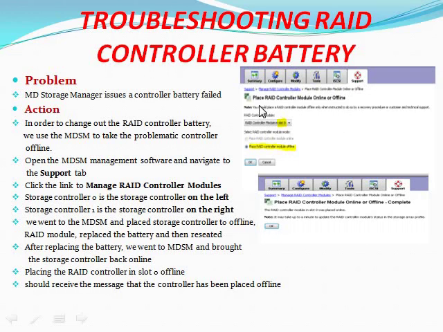Click the MD RAID controller module: storage controller 0 on the left and storage controller 1 on the right. So we go to the MDSM and place the storage controller offline, replace the controller battery, and then reset it. After replacing the battery, we go to MDSM and power the controller back online. Placing the controller in slot 0 offline, we should receive a message that the controller has been placed offline.